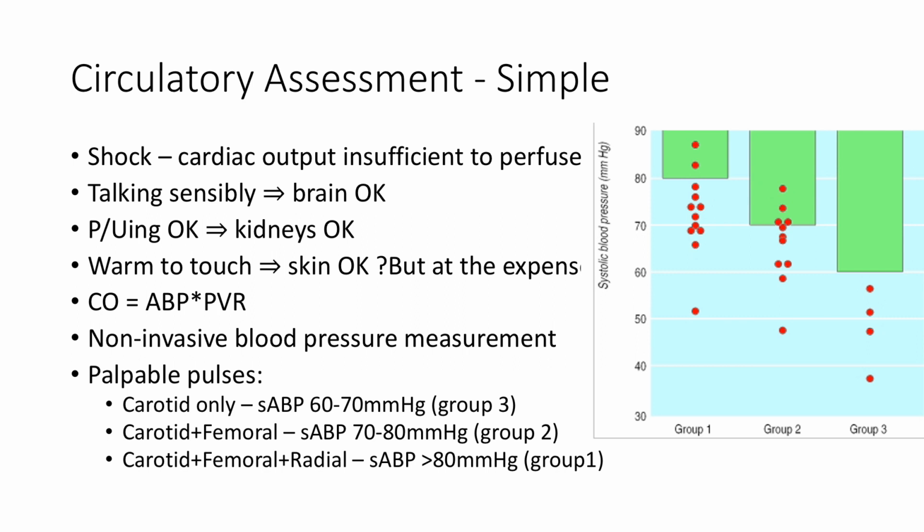If you can feel both the carotid and femoral pulses, that's the second group, then your blood pressure is probably somewhere in the order of 70 to 80, just that one outlier where it was 49 apparently. And if you can feel the carotid, the femoral and the radial pulses, then your blood pressure is probably over 80. Okay.